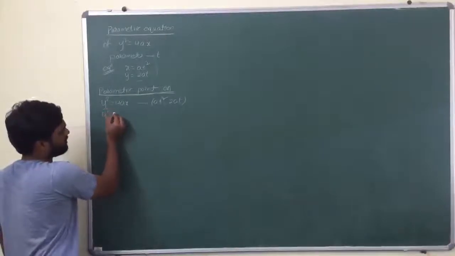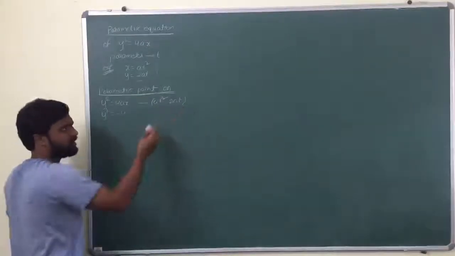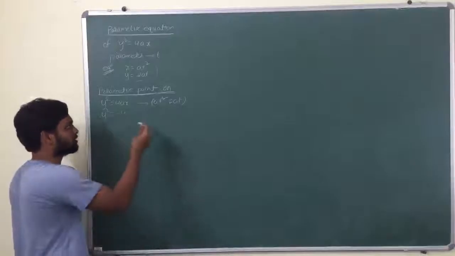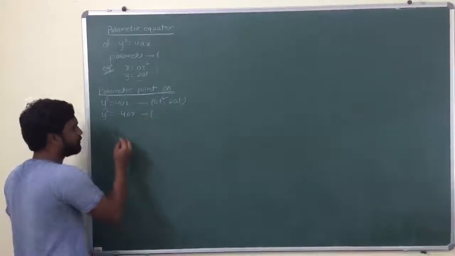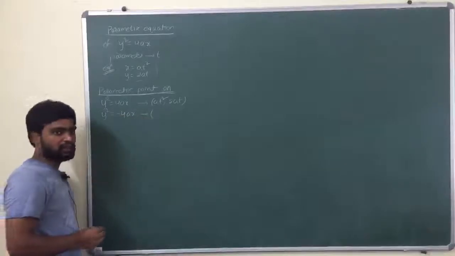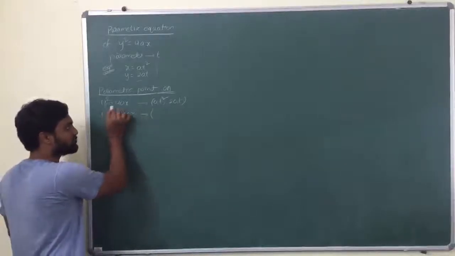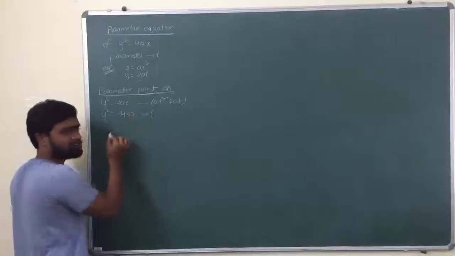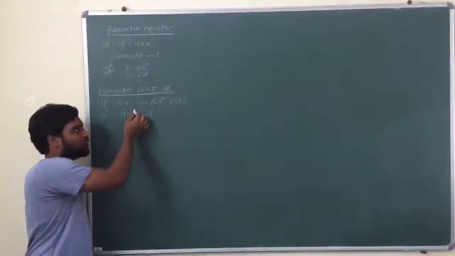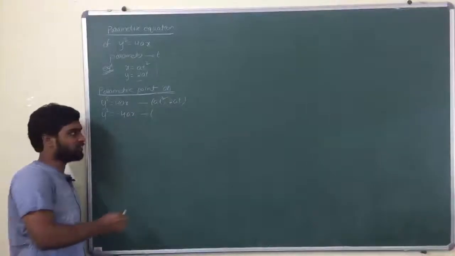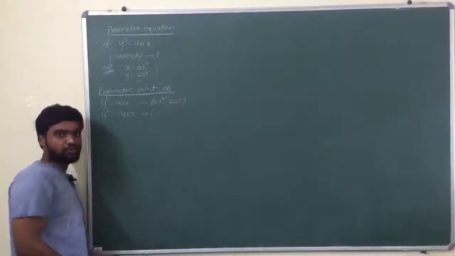Coming to y square is equal to minus 4ax, again, like I told in the previous lectures, for every point on this parabola the x coordinate is either negative or 0. For y square is equal to 4ax, the x coordinate is either positive or 0.